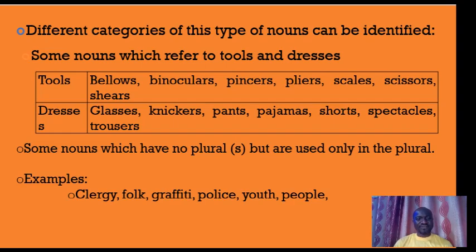Then we also have some used in the form of dresses: glasses, knickers, pants, pajamas, shorts, spectacles, trousers. These are plural in nature. Some nouns have no plurals but are used only in the plural, for example clergy, folks, graffiti, police, youth, people.